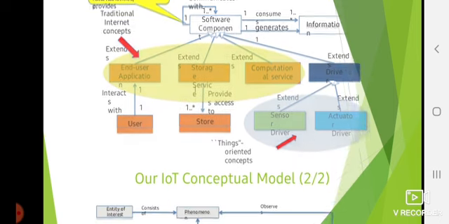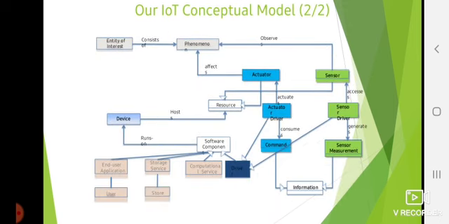Next, we have to see the second conceptual model. It mainly consists of the sensors and actuators and the software component. The sensors and actuators are actuated by the sensor driver and actuator driver. They can be commanded, or provide sensor measurements as information. The software component consists of the user, storage, end user application, computational services and driver.